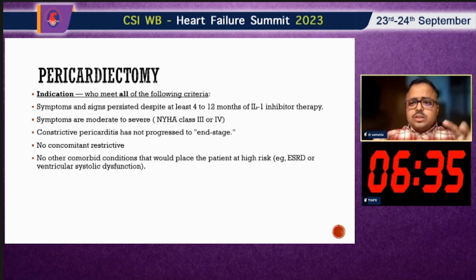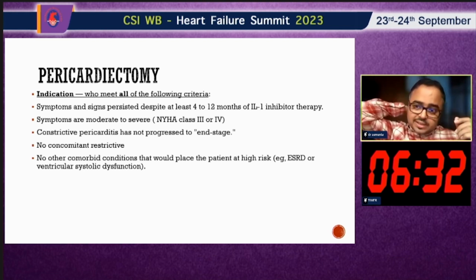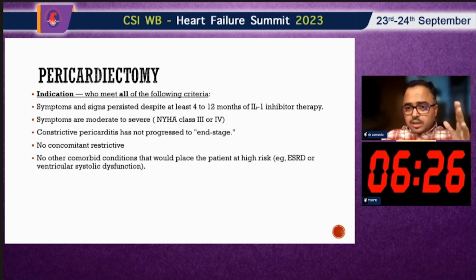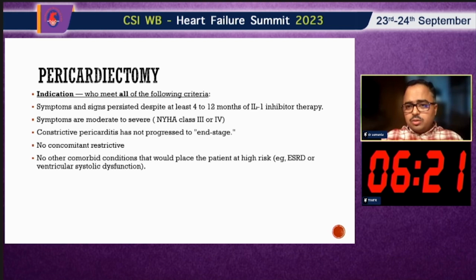So usually these constrictive pericarditis cases we see in the medicine ward, not in the cardiology ward. It is a cirrhosis-type, CLD-type presentation, and JVP is a good sign. Kussmaul sign and other signs are there. Then we do an echocardiogram, then do a cath, and then finalize our diagnosis of constrictive pericarditis.